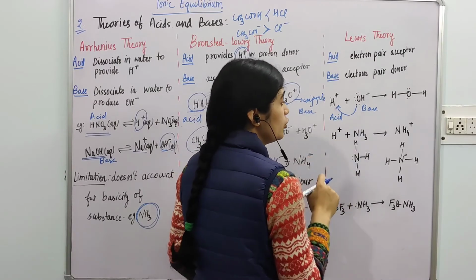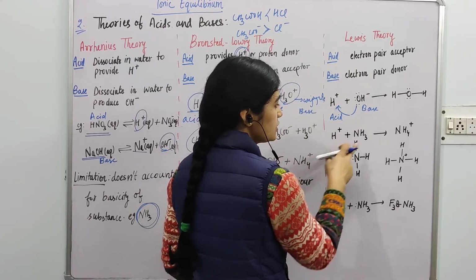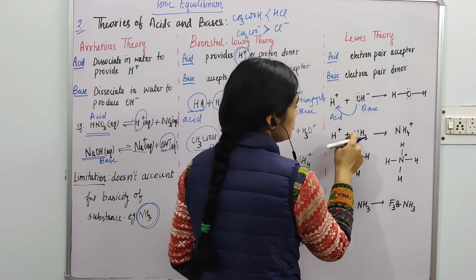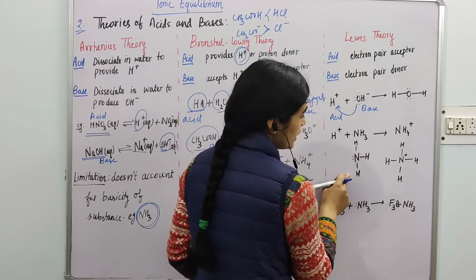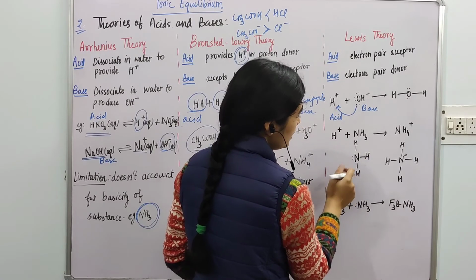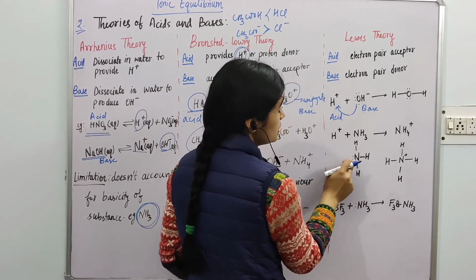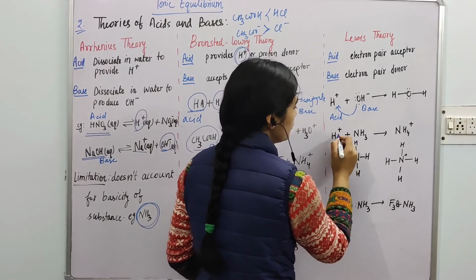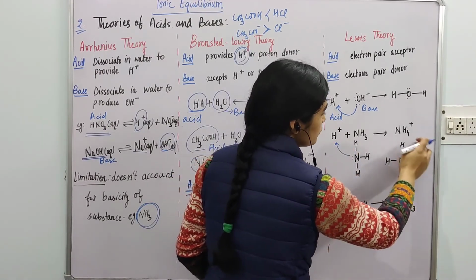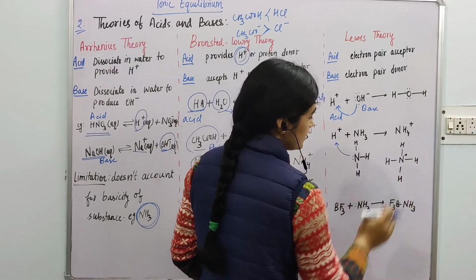Another example is ammonia. Again, Arrhenius could not explain it there. So let's see whether this Lewis theory can explain or not. If you write the Lewis structure of ammonia, you can see the nitrogen atom has a lone pair. This lone pair will form a bond with a proton and form NH4 positive having a structure like this.